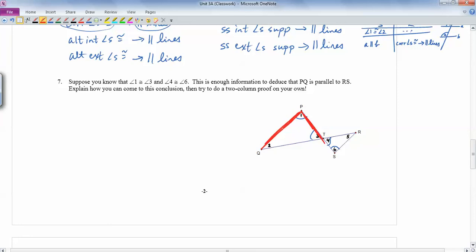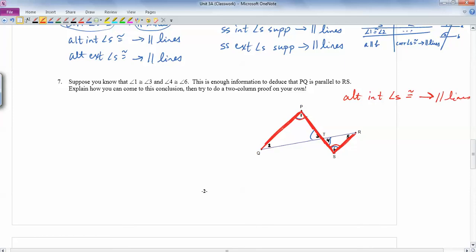Here's the next line that forms 1, which also helps form 6. And there's the last line. Well, notice that's a Z shape. These two angles are the same. So the Z shape goes with alternate interior angles. And I know they're congruent, so I'm going to get parallel lines.